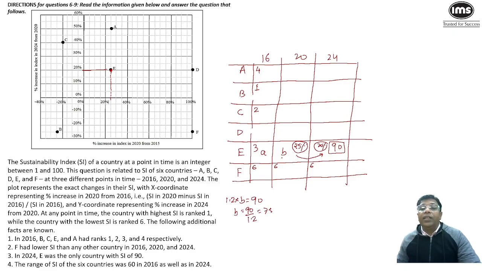So we can clearly say that the SI index of country E in 2020 has to be 75. And here it has increased by 25%. So I can write directly the value to be 60, because if you increase 60 by 25%, that will go up to 75. So this is how we are clear about SI index of country E in all the 3 years given here. I hope that this is clear. So let's proceed further.